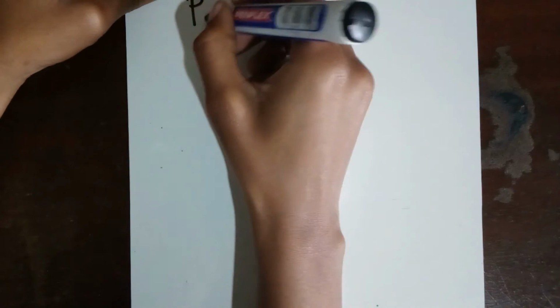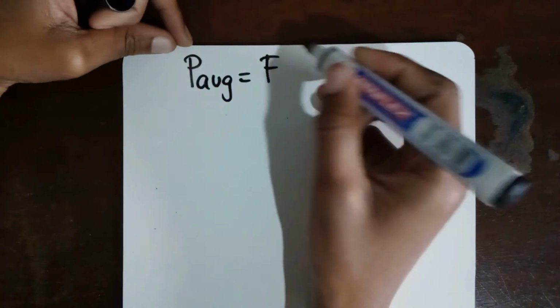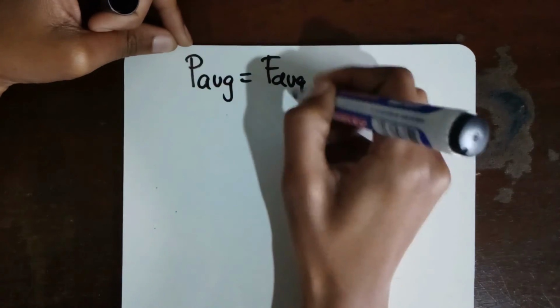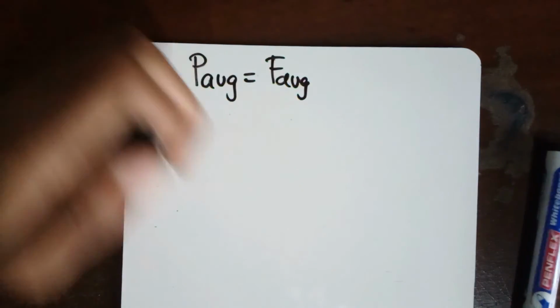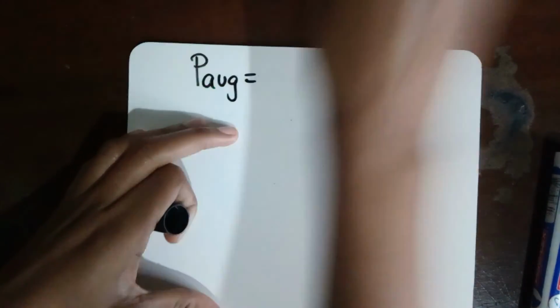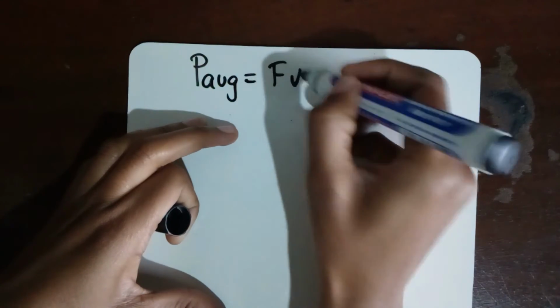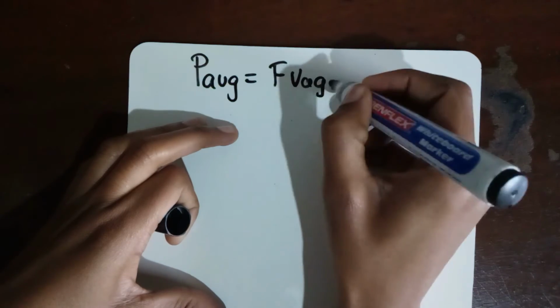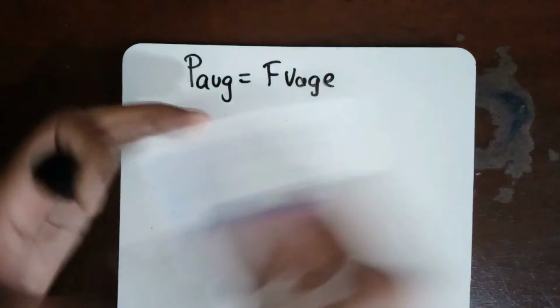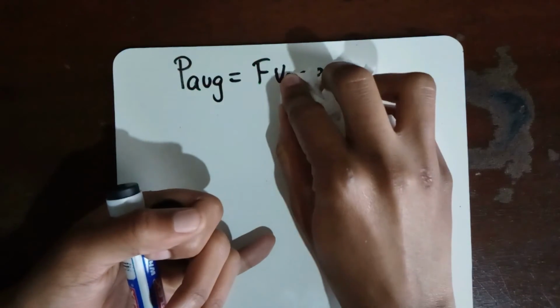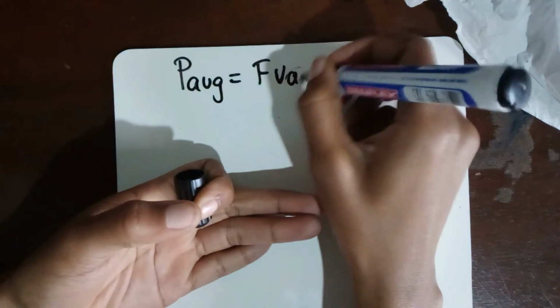So remember, now you were introduced to the equation for average power, and it goes something like P AVG equals F, the product of that force and average velocity, AVG, right? I wrote age here. So this is AVG.